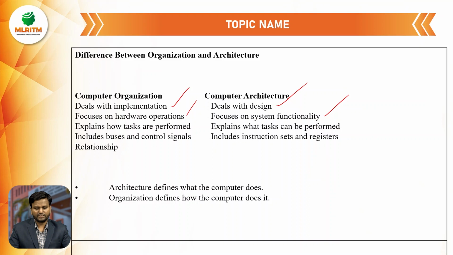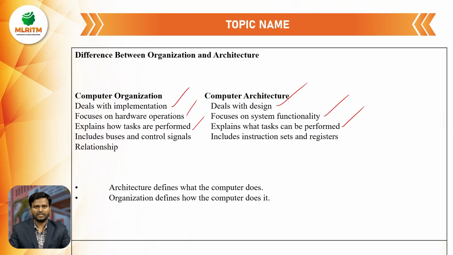Focusing on system functionality means whatever operations are done, we get the output in the system functionality. It explains how tasks are performed, what tasks can be performed, and what pending tasks we need to perform.